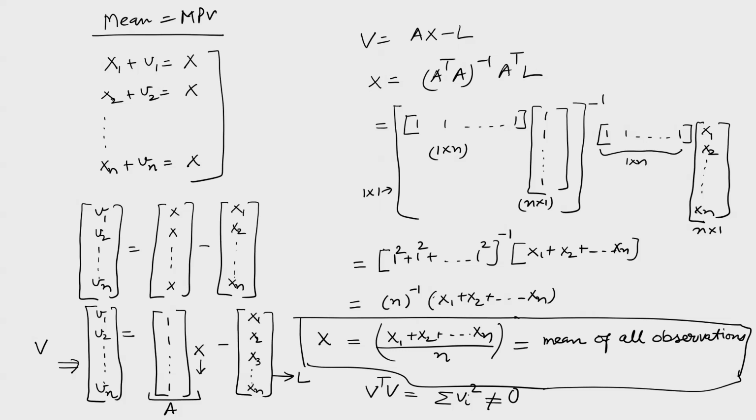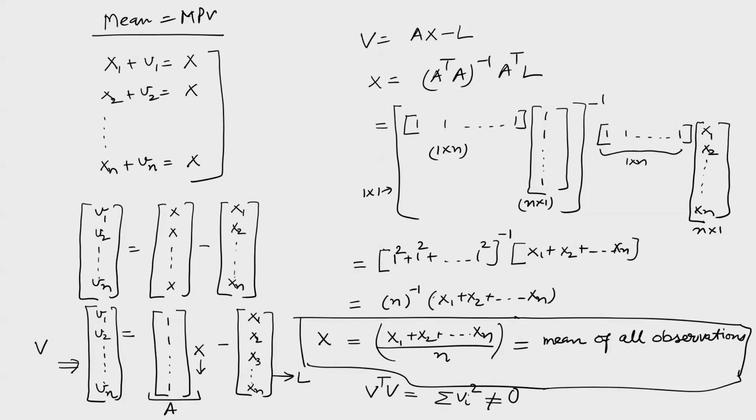And hence we say that we have found the best possible value from the given observations, but it is not equal to the true value, and so we call it the most probable value, which has maximum probability of occurrence. So that's the concept of MPV, and now we have proven why the mean should be taken as MPV, not any other value. We have done the least square solution of the given data here.